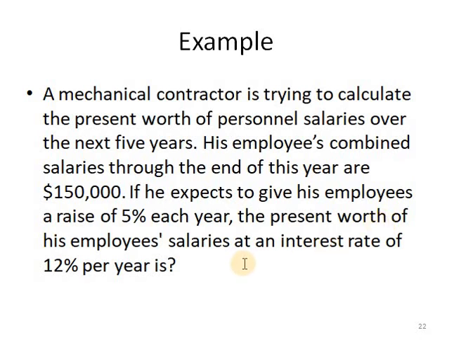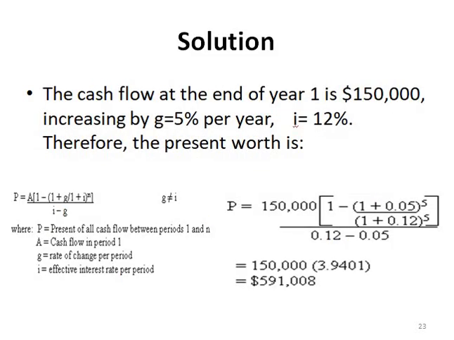The combined salaries of his employees is $150,000. If he expects to give his employees a raise of 5% each year, what is the present worth at 12%? So I is 12% and G is 5%. This is the raise, and 150 is the annuity, and I need to calculate the present worth.